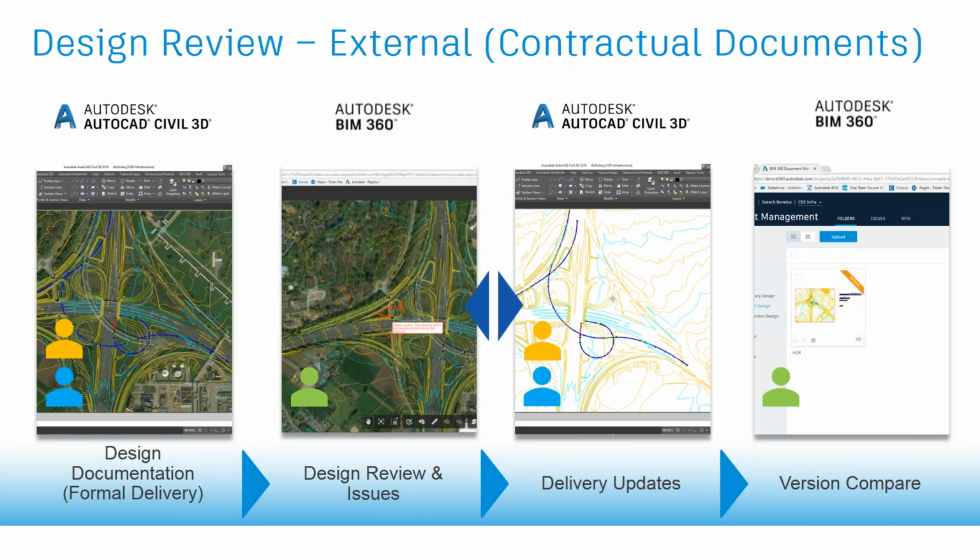Internally in a design team, I can basically publish it and make it available for guys maybe on the construction side. So this is how we can make a design review with external collaborators for what we call contractual documents.